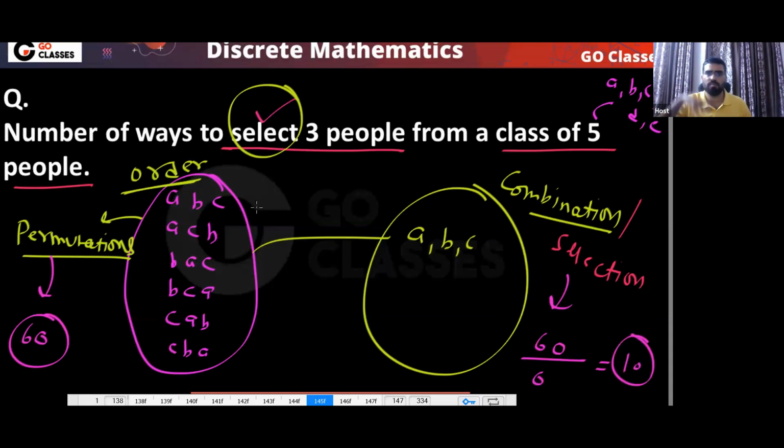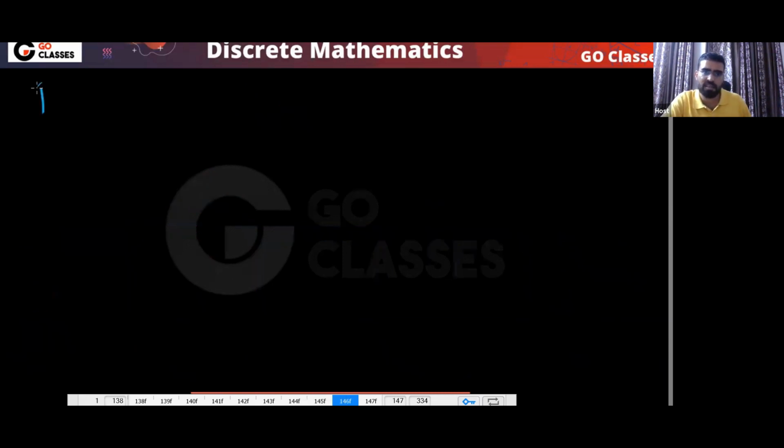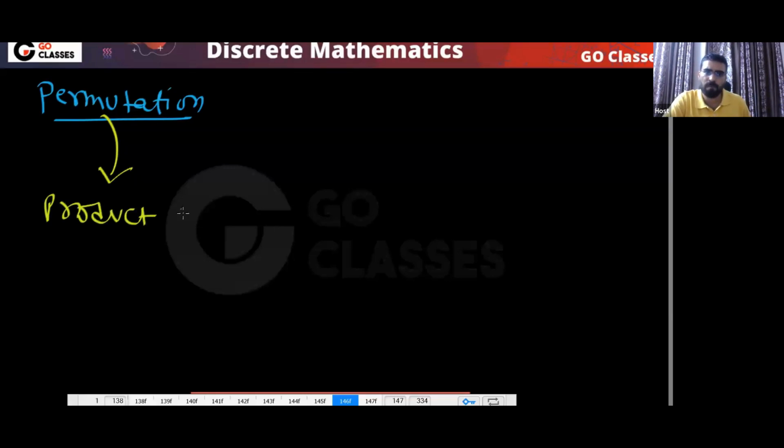If you already have the answer for permutation, which we have seen is just the product rule, then you can find the answer for combination using the division rule. So first you have permutation. To find the answer for permutation, you take the help of the product rule.